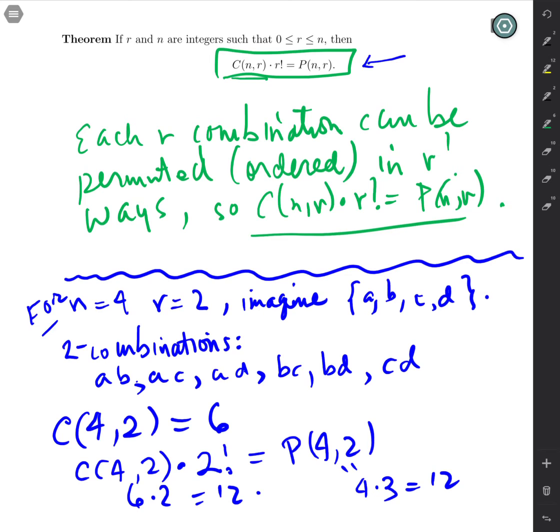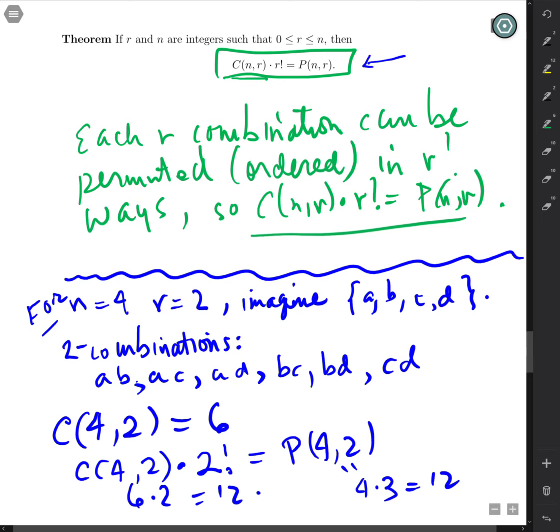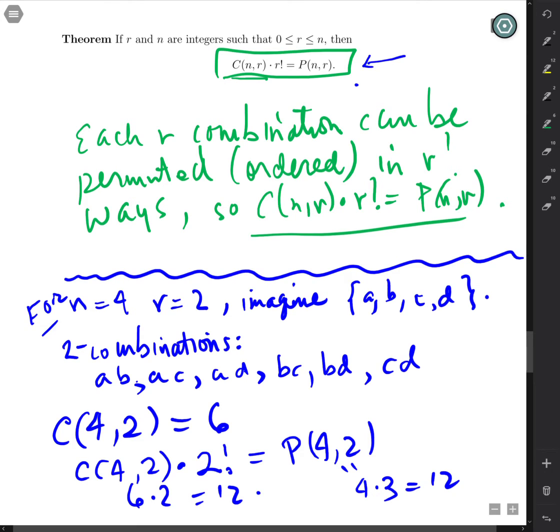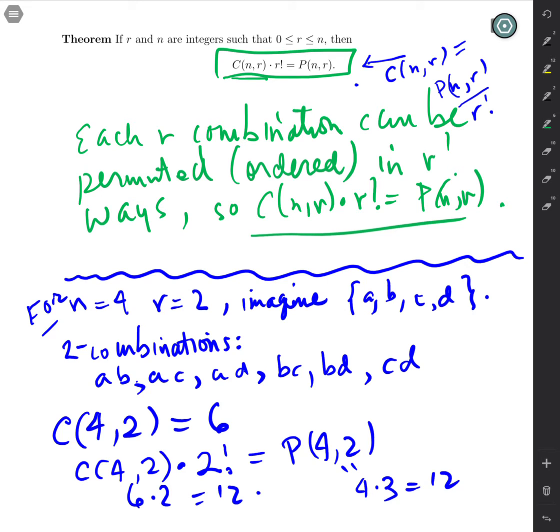So we need to remember how P(n, r) works, and we've got a couple of ways to write P(n, r). That'll come up in trying to write down a formula just for C(n, r). So let me first note that C(n, r) can be written as P(n, r) divided by r factorial. That's kind of our starting point here.